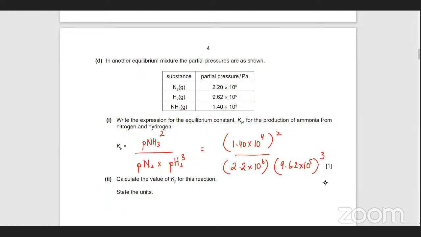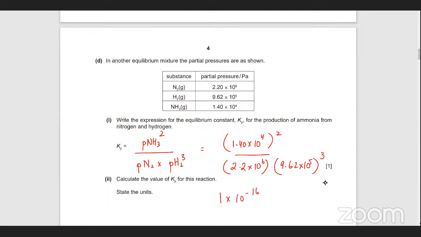What's the value that you're getting for this? 10 power minus 16.